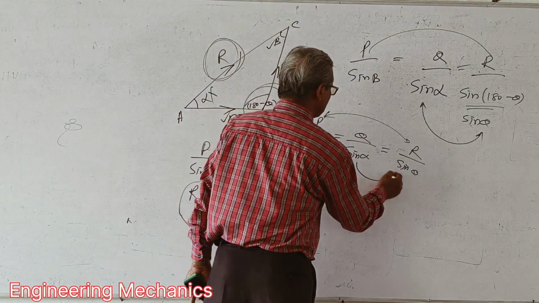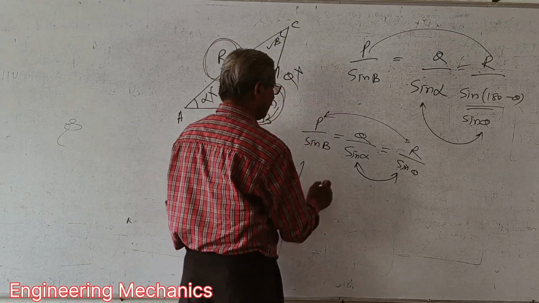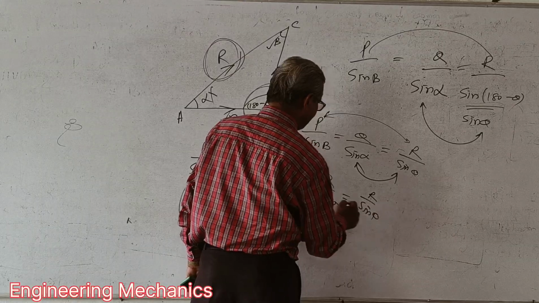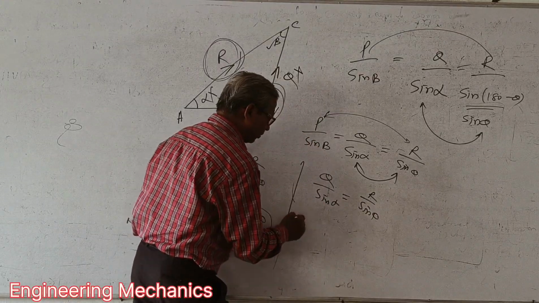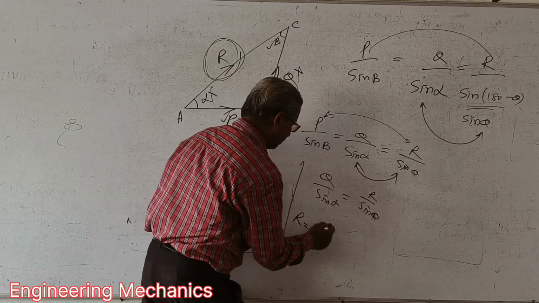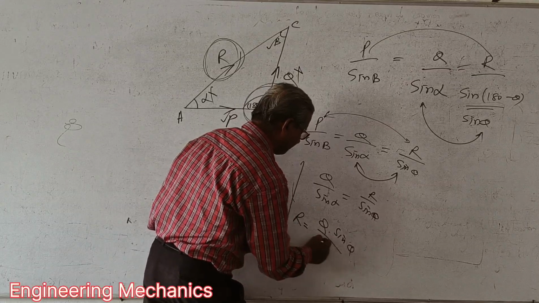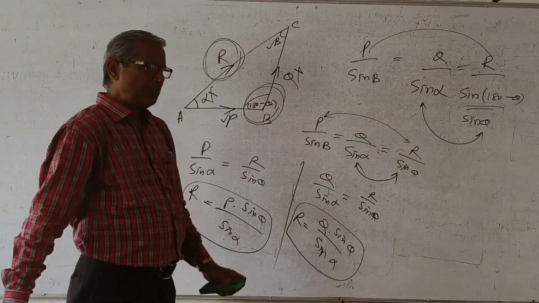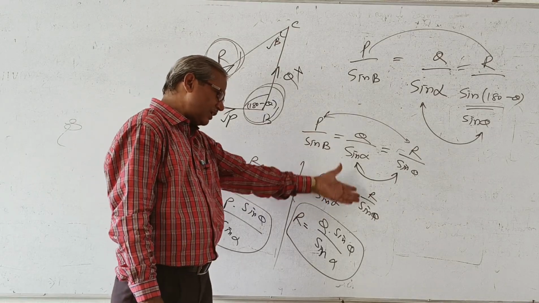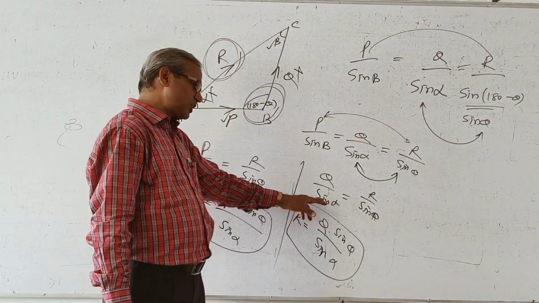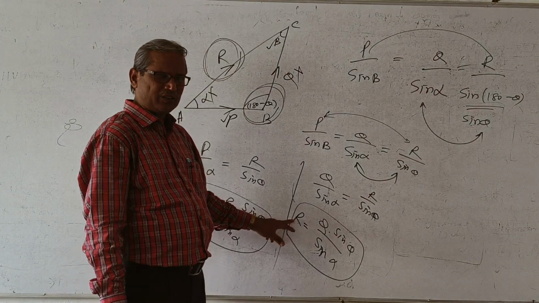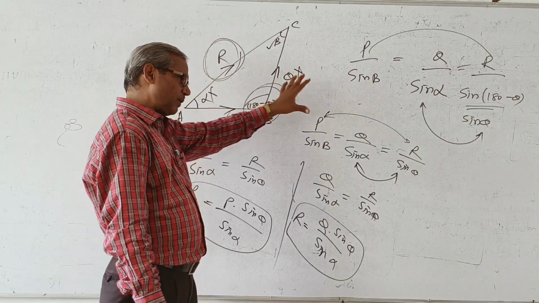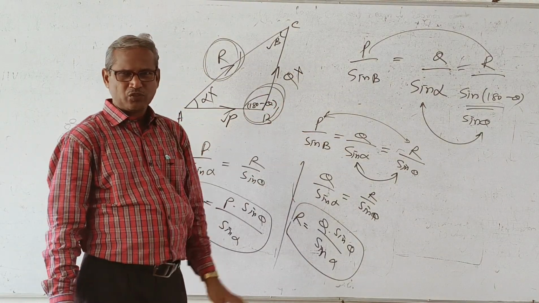If we take these two quantities, Q by sin alpha is equal to R by sin theta, so R is equal to Q sin theta by sin alpha. If we are able to find alpha, then we can find R. So we will see what is needed, what the question asks us to find out. Then we apply the formula to find the required quantity. Okay.